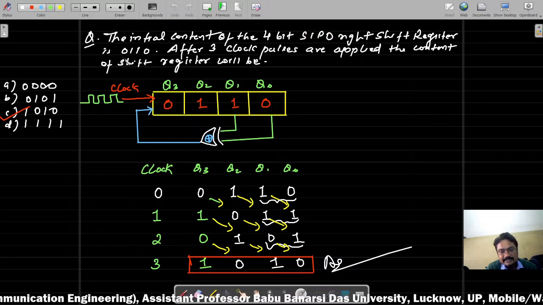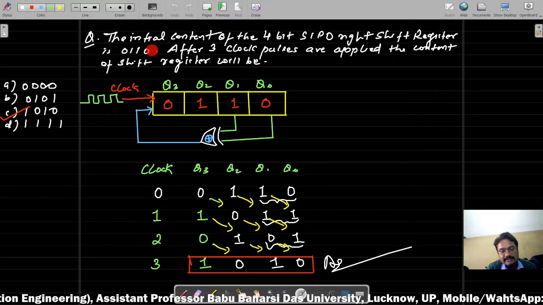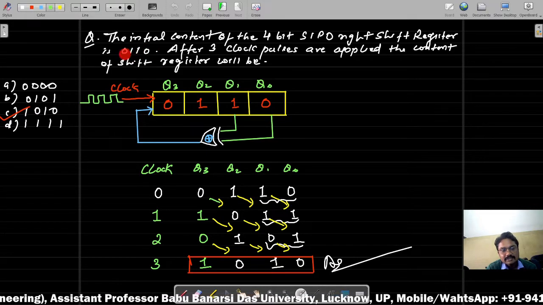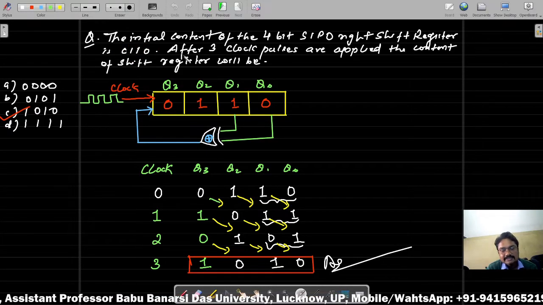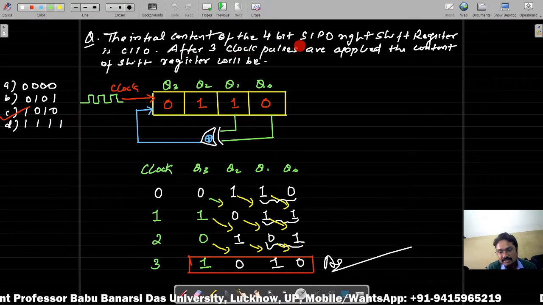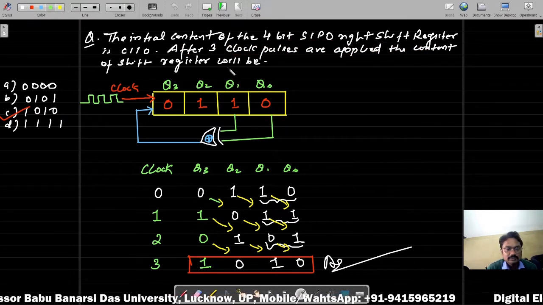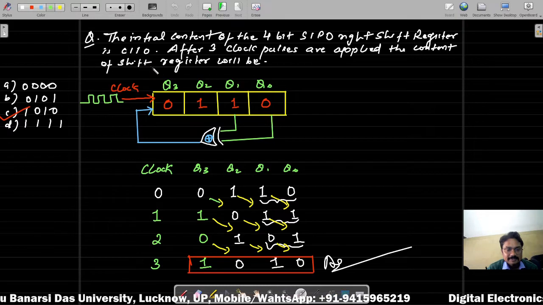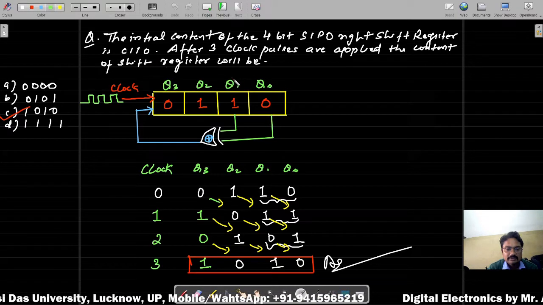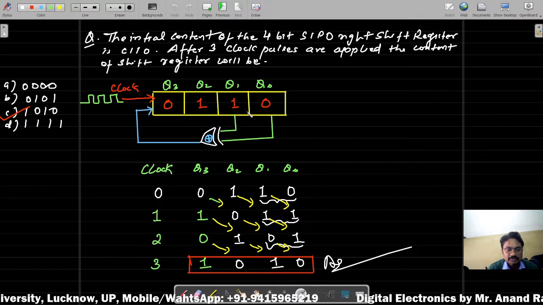The content is already updated with 0110, and the question is what happens when the third clock pulse is applied to this arrangement, and what will be the updated content stored in this register.